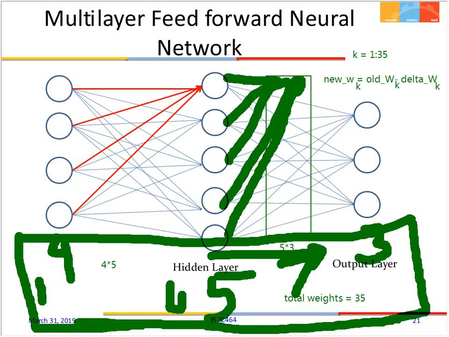So in this example, 4 into 5 is 20, 5 into 7 is 35, and 7 into 3 is 21. So 20 plus 35 is 55, plus 21, it is 76. So here you will have this loop condition changed to 1 to 76.